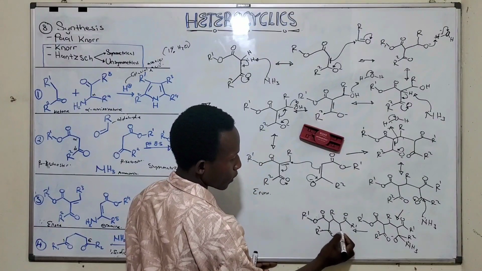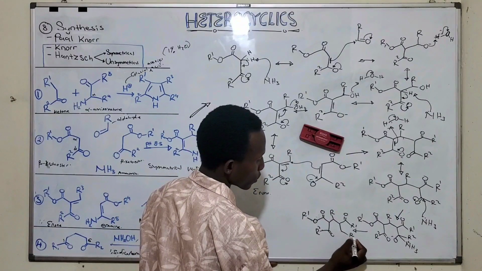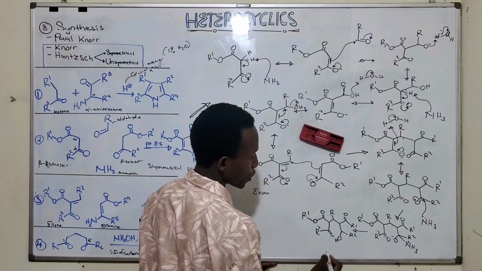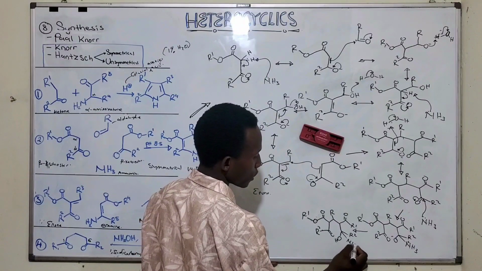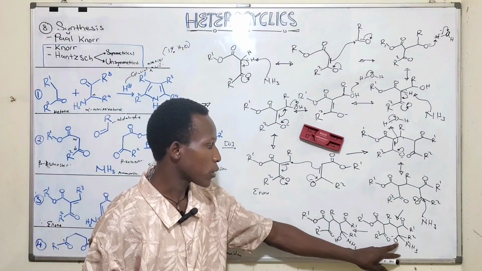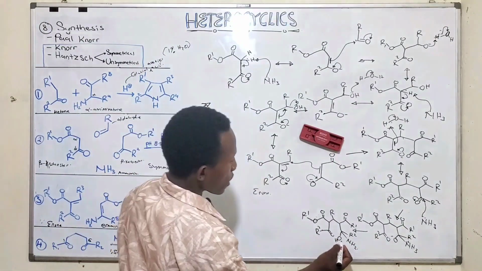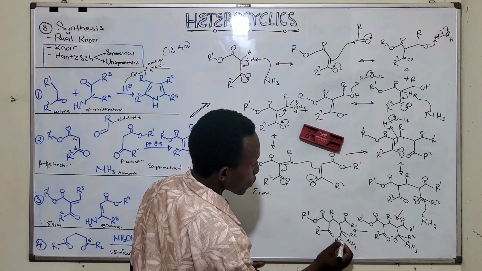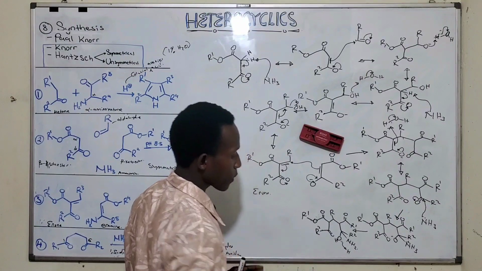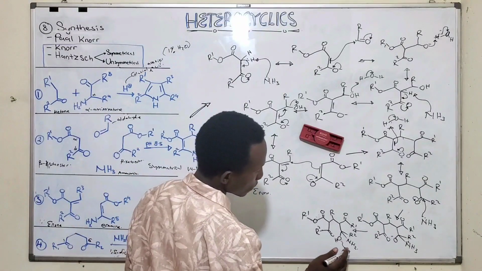I think then R2 here and OH with NH2. One of the hydrogens has shifted to oxygen. Then this oxygen can attack a proton. So it attacks the proton.